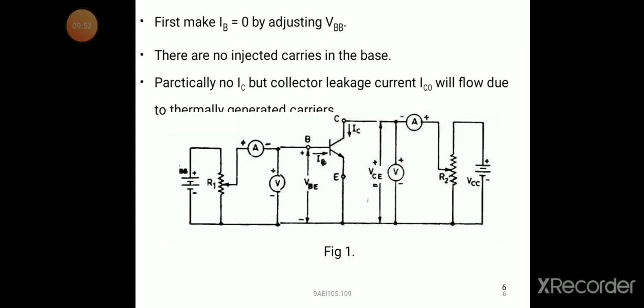Practically no IC, but collector leakage current ICO will flow due to thermally generated carriers.